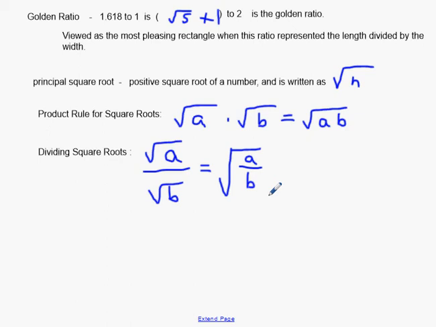Now, adding and subtracting square roots.